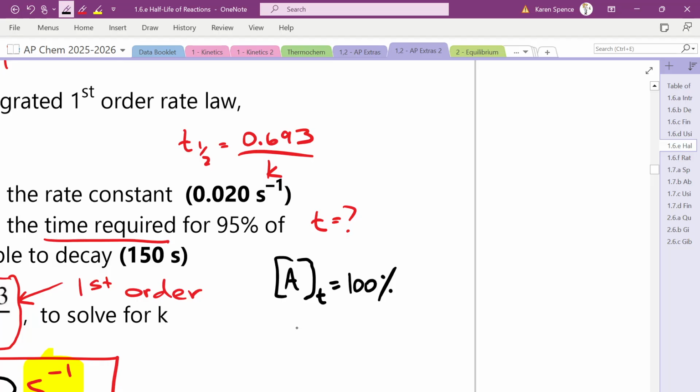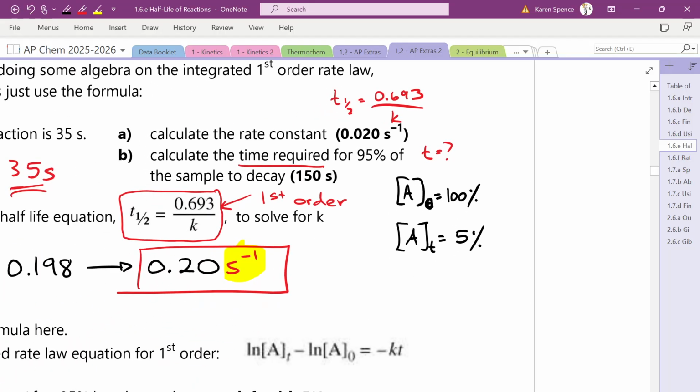Concentration of A at time t, how much is that? 5%. Now, because we're given these square brackets, what do those square brackets measure? What's the unit? Moles per liter. So let's not use percents. Let's use moles per liter.